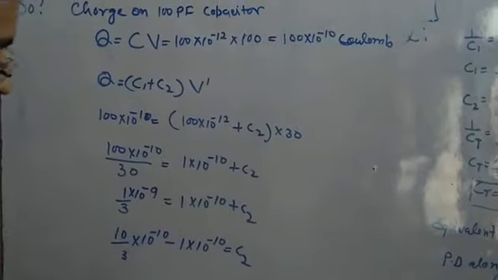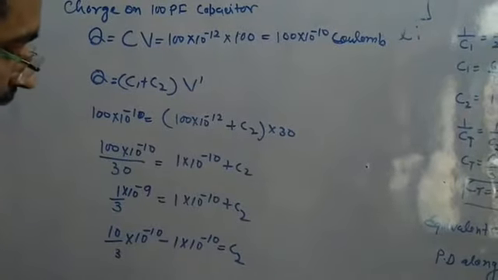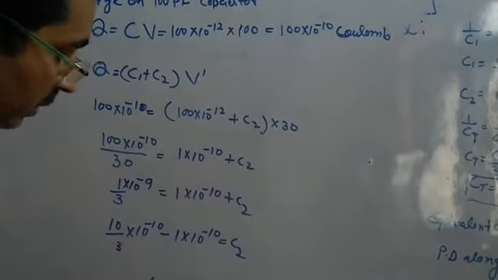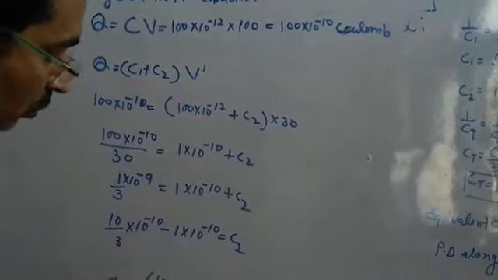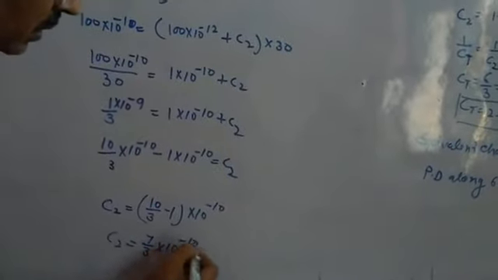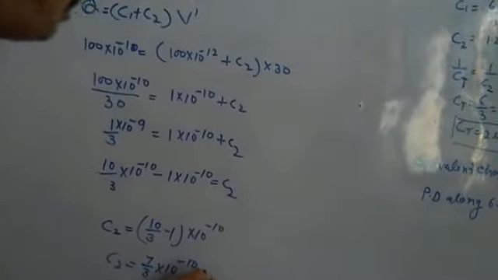Therefore C2 equals 10 by 3 minus 1, into 10 power minus 10. C2 equals 7 by 3. After calculating, you will get 10 power minus 10 farad.